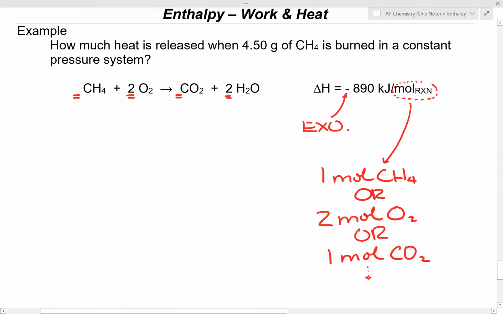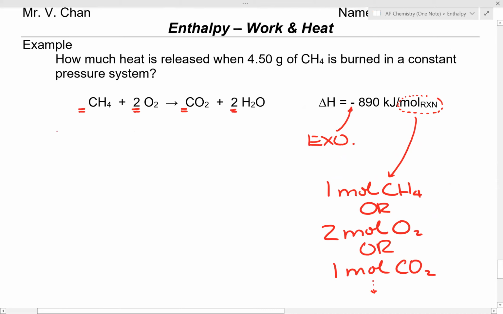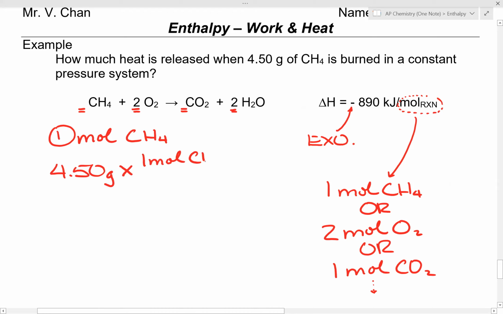In this particular case, the first step is to find the moles of CH4. So you go back to 4.50 grams times 1 mole of CH4 all over 16.0 grams of CH4.